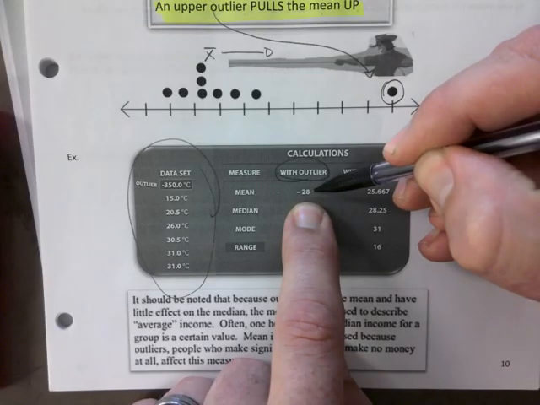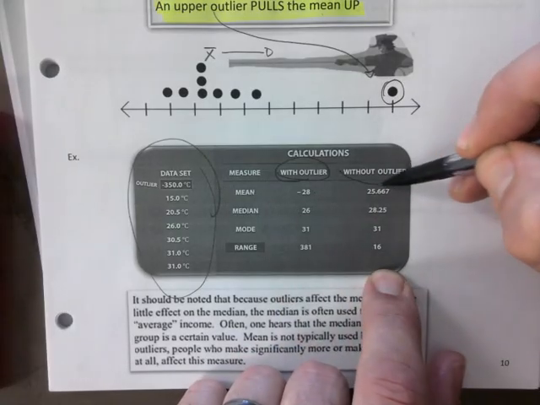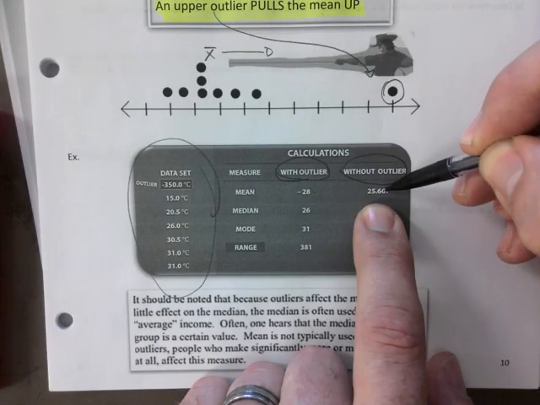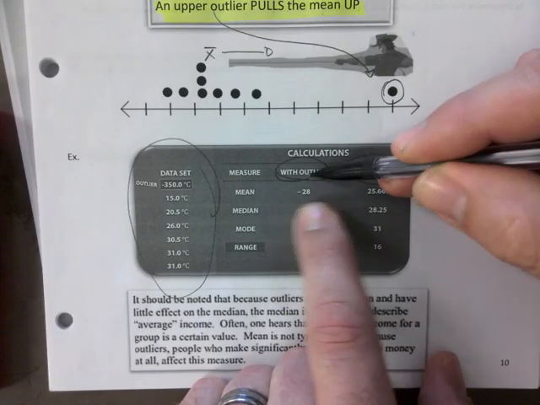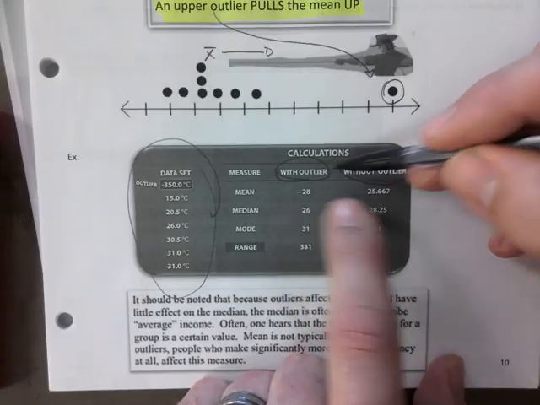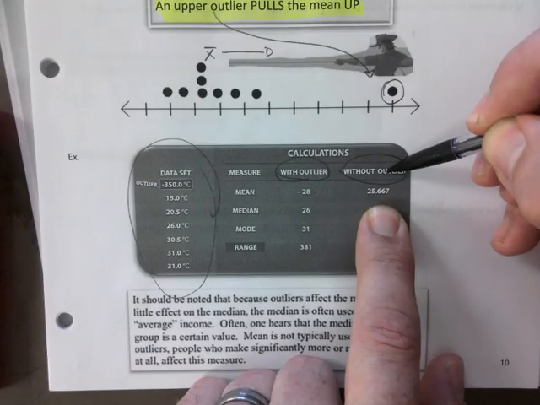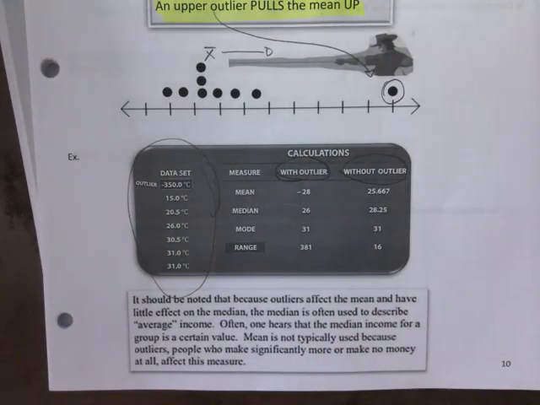Negative 28 degrees Celsius. Without the outlier, removing it, guess what happens? It jumps back to 25. Which one of these is more representative of what's actually happening? The one that has the outlier removed, okay? So, one more time here.